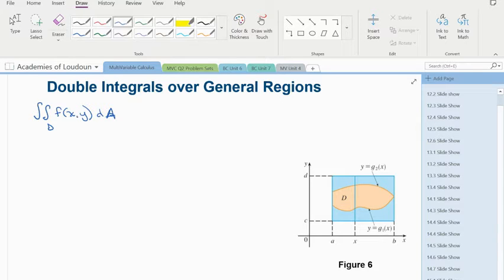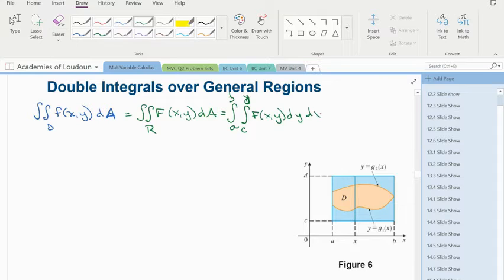That is, capital F agrees with little f on D, and capital F is equal to 0 outside of D. Then by Fubini's theorem, the double integral over region R of F of x,y dA is equal to the integral from a to b, of the integral from c to d, of F of x,y dy dx.